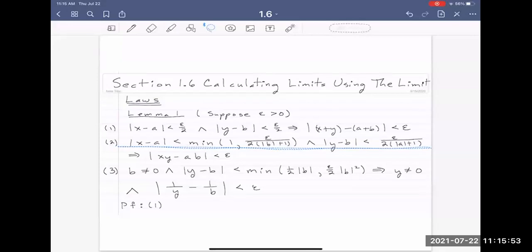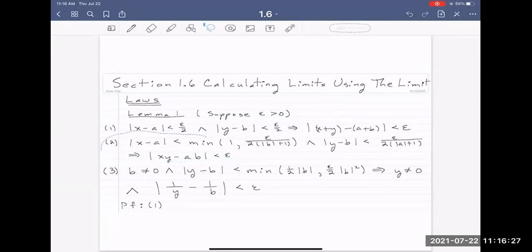If |x minus a| is less than the minimum of 1 and epsilon divided by 2 times the quantity |b| plus 1, and if |y minus b| is less than epsilon over 2 times the quantity |a| plus 1, then |xy minus ab| is less than epsilon.